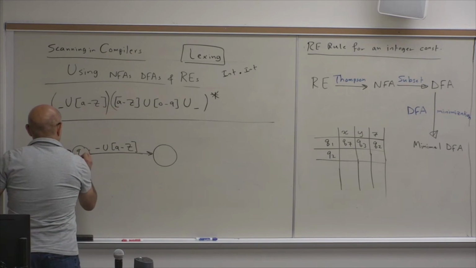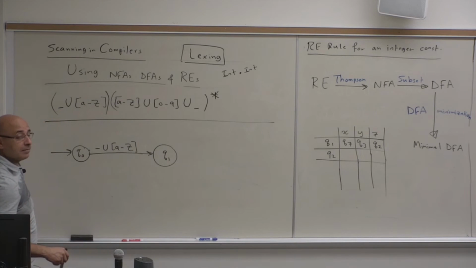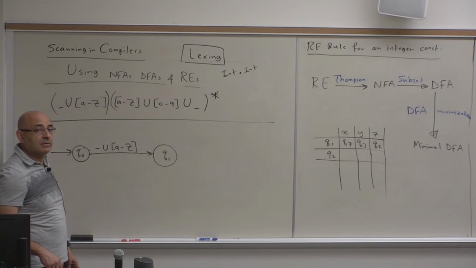So this is Q0, and in Q1, what would you do? What should we do in Q1? So what does the star translate into? It's a loop.